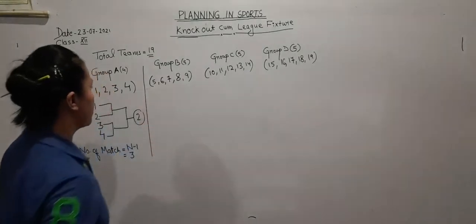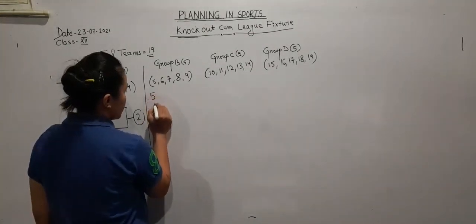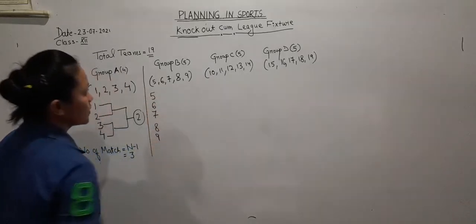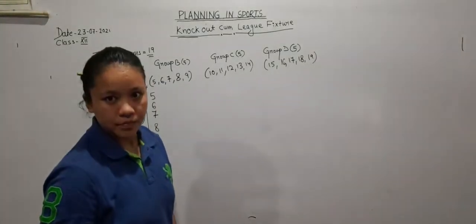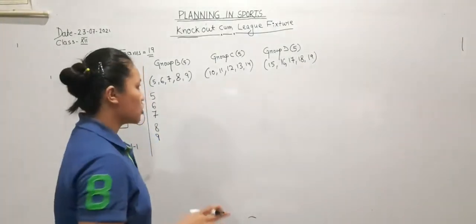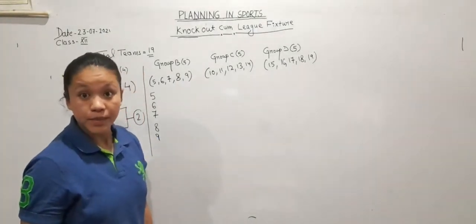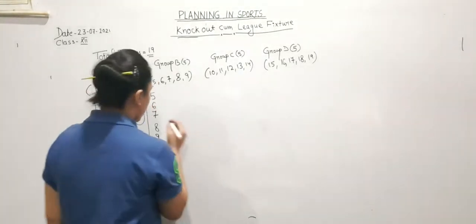In the same process we will do for group B: 5, 6, 7, 8, 9. Since there are 5 teams, the next highest power of 2 is 8. This means we will give 3 byes.